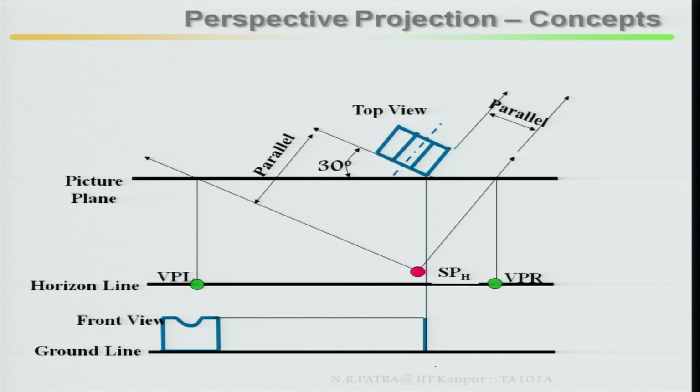With respect to this true length, join it to the vanishing point left and vanishing point right. Once you join it, the first part is over. So along this surface you will get the left side face, and along this surface you will get the right side face. Then you start locating the left side face point by point.